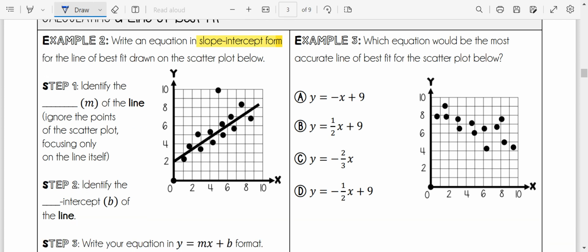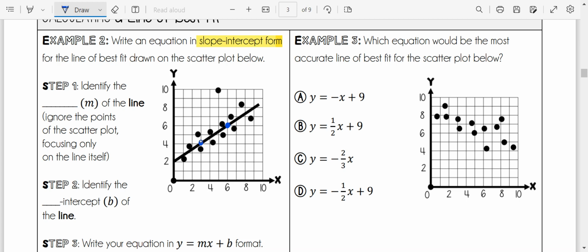So now we're just going to calculate the slope. Remember that when we're finding slope, we want to find 2 points where we go through an x and y intersection. So I can use this point because it goes through that ordered pair, 3, 4. And then the next time it goes through an x and y intersection is right here.